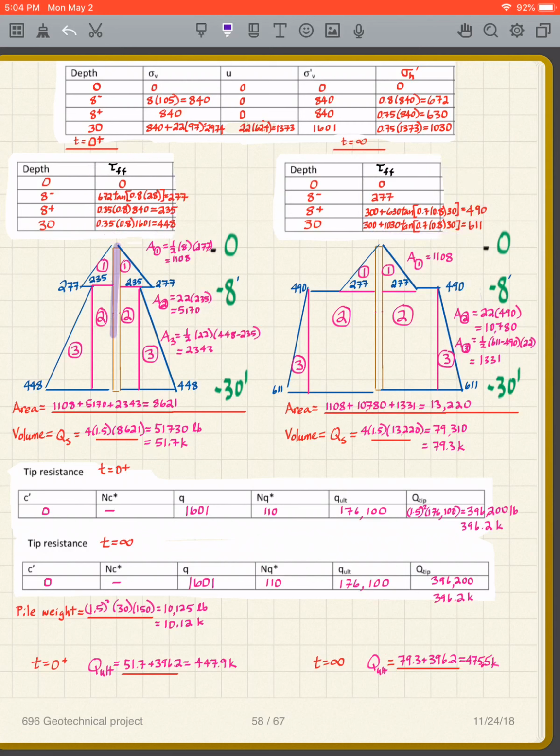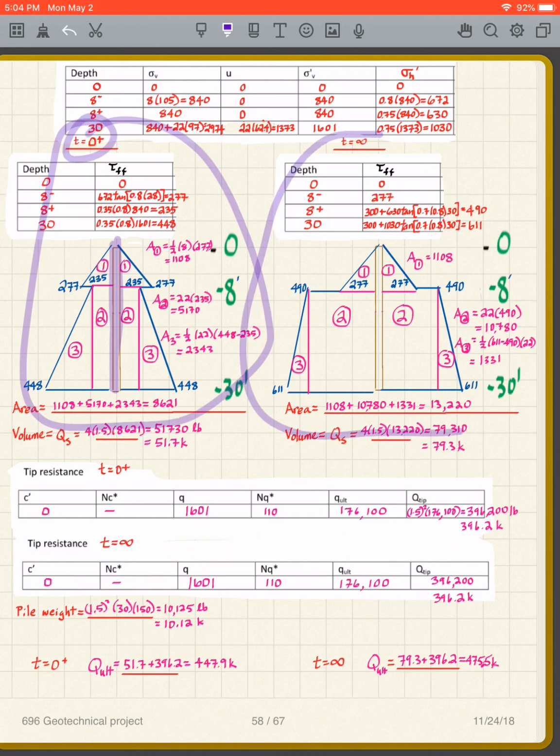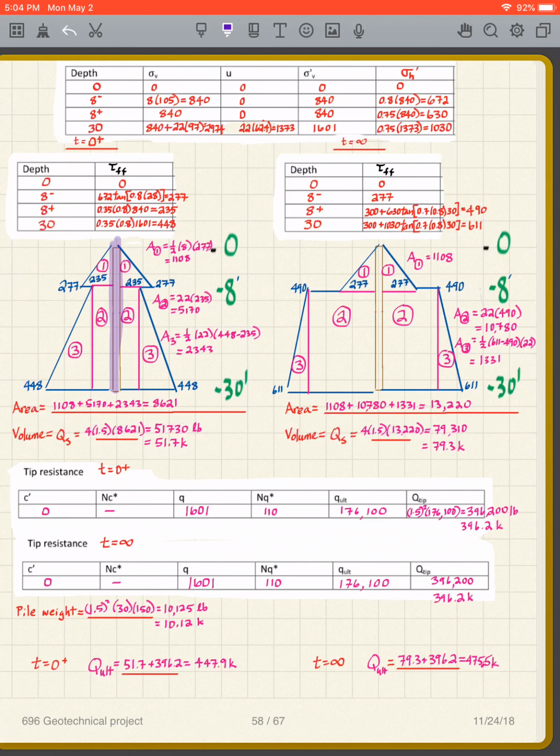Here's my pile here, and so I'm going to plot the t equals 0 plus here, and I'm going to plot the t equals infinity here. So it looks like a Christmas tree, you can see, simply because we're going to plot it on both sides. So I start out at 0, so that 0 is there, the 277 is there, the 235 is here, and the 448 is here.